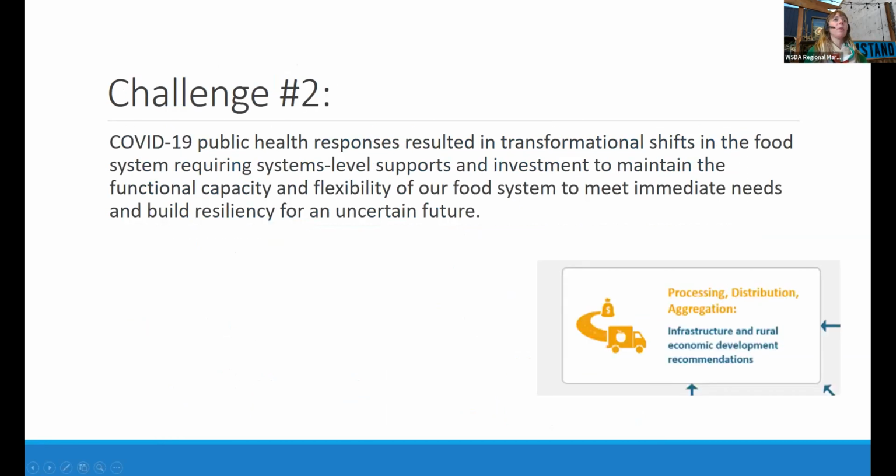I'm just going to run through these really quickly here. Another challenge was we didn't really have a lot of functional flexibility to shift readily. We have these fine-tuned supply chains that are designed to serve specifically the market that they're oriented to.